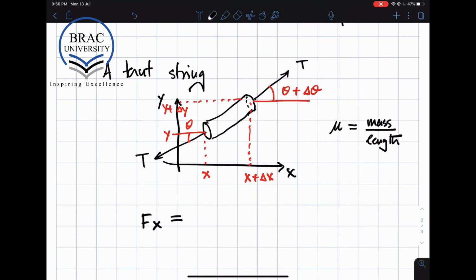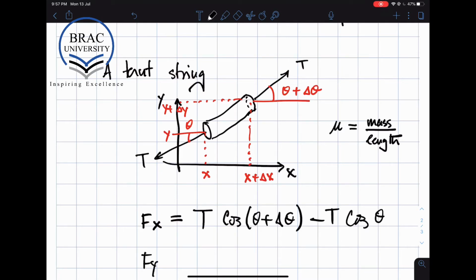So we have T cosine of (theta plus delta theta) minus T cosine of theta. And in the y direction, the force will be T sine of (theta plus delta theta) minus T sine of theta.